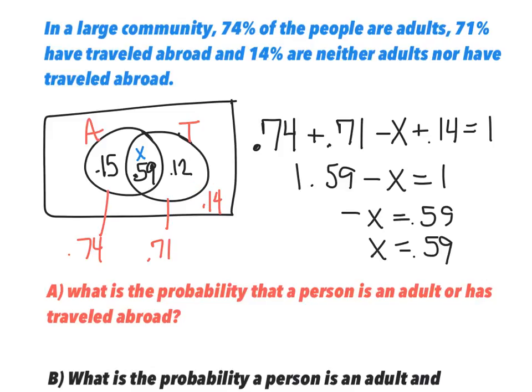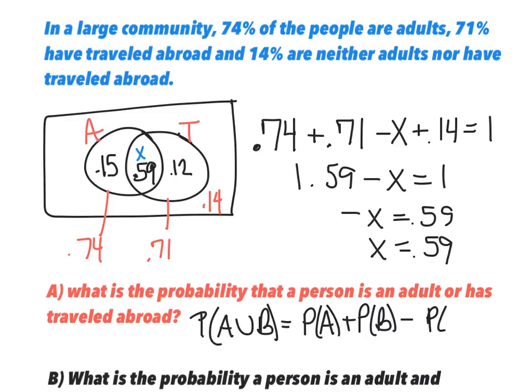So now once that's complete, A, what is the probability that a person is an adult or has traveled abroad? So I'm going to write it out in notation. The probability I'm an adult or traveled abroad is the probability of the adult plus the probability of traveled abroad minus the probability of both, A and B. Now I did use T up there, so I'm just going to replace this with T's maybe to help us out a little bit.